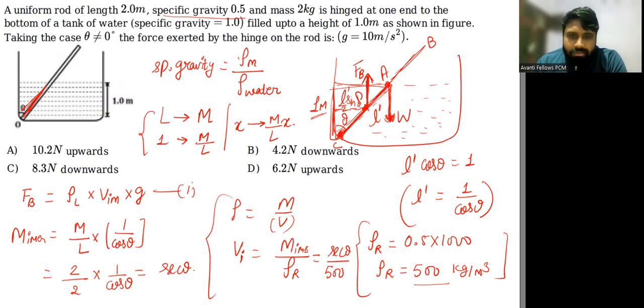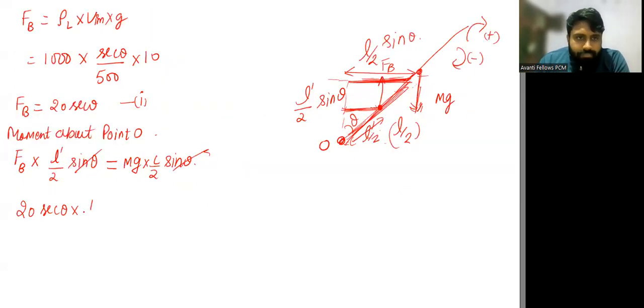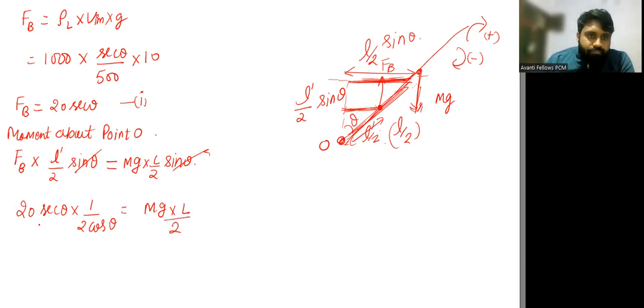So L dash by 2 is 1 upon 2 cos theta, equals mg into L by 2. Now this 2 will cancel out this 20, and 1 upon cos theta will become sec theta. So it will become sec square theta.